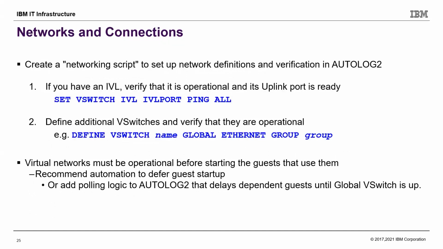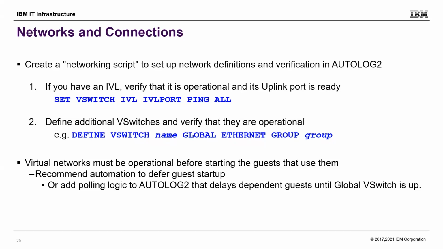For the networks, I talked about the IVLs and how they need to be defined and operational before you define any of your other vSwitches on your system. So you can set up a networking script to do this in Autolog2, where you can ping the IVL ports, and when you get the right response from the ping, then you can move forward and define your additional vSwitches.